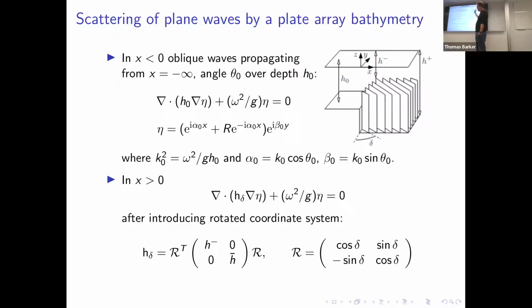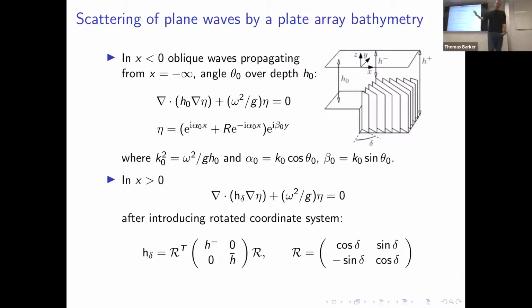Okay, so this is an infinite domain divided into two semi-infinite domains along x equals 0. So you imagine oblique waves coming in from the left-hand side and meeting this plate array bathymetry on the right-hand side, and it goes on forever on the right-hand side.